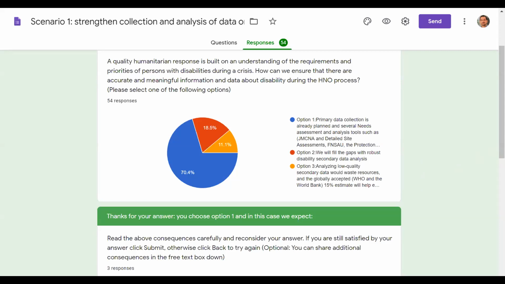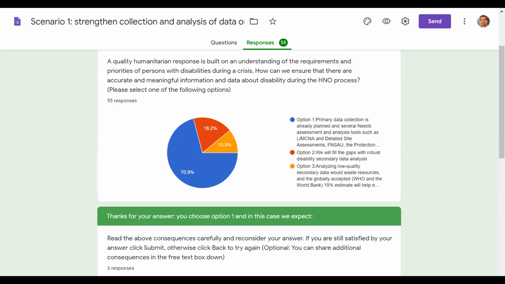There are fewer children who are disabled. UNICEF estimates that about 10% of children as a group are disabled, and older people are more disabled. So as a whole population it's 15%, but if you're just looking at older people, the proportion of people who are disabled would be higher, and if you just look at children, it would be a bit lower.